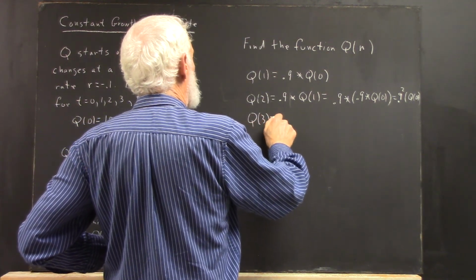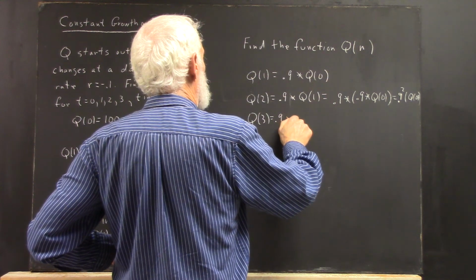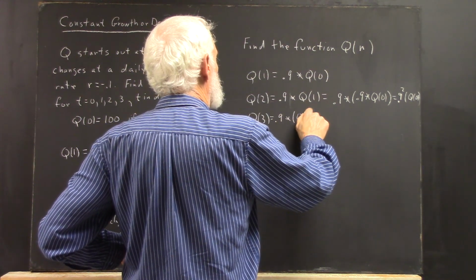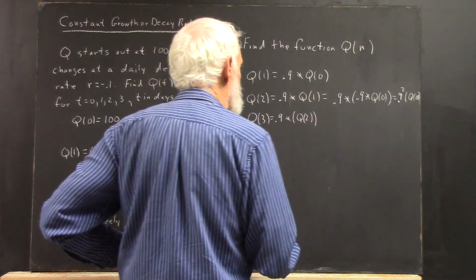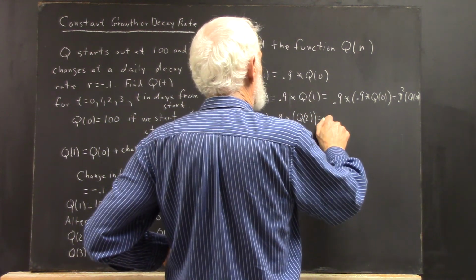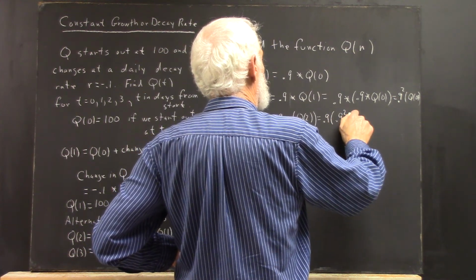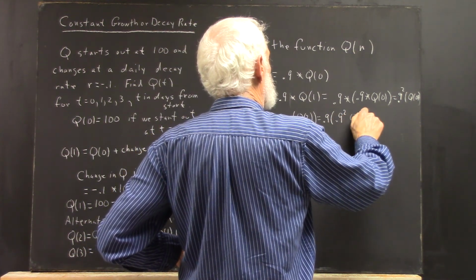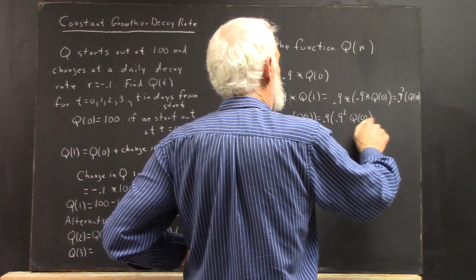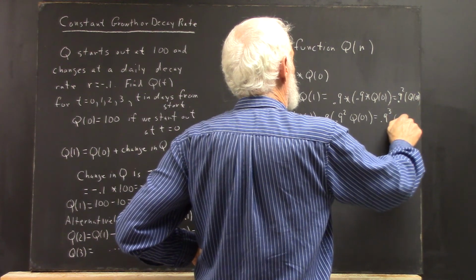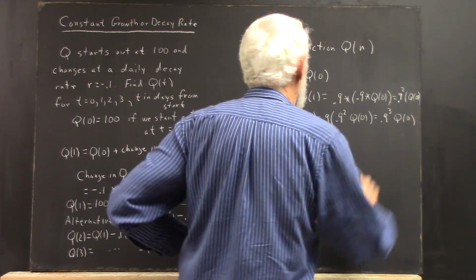Q of 3 is 0.9 times Q of 2 equals 0.9 times 0.9 squared times Q of 0, which is 0.9 cubed times Q of 0.